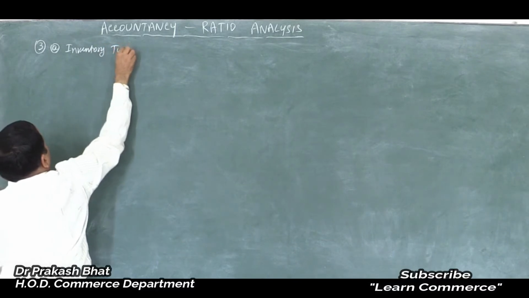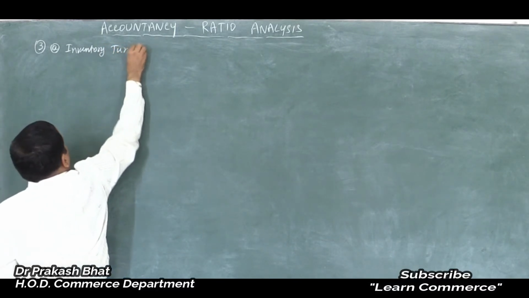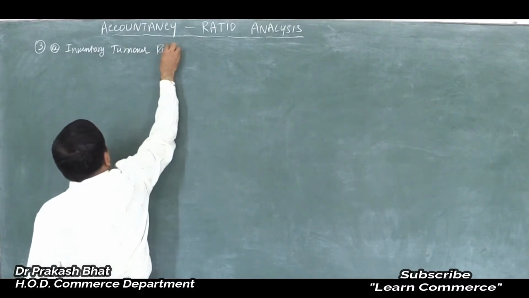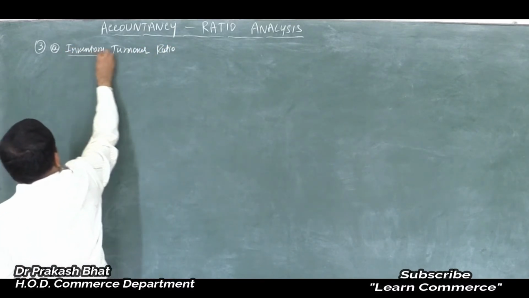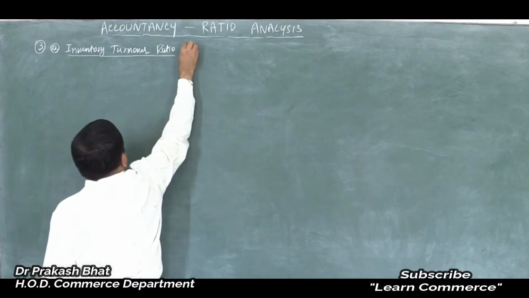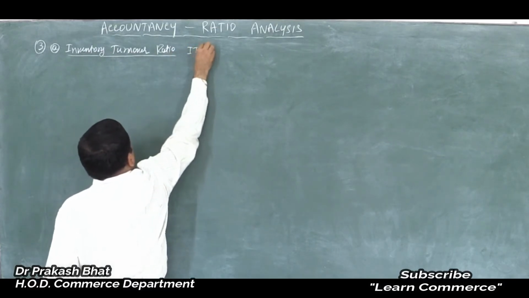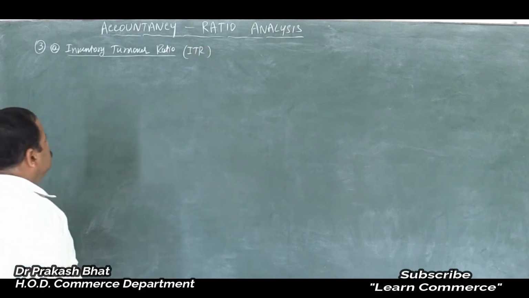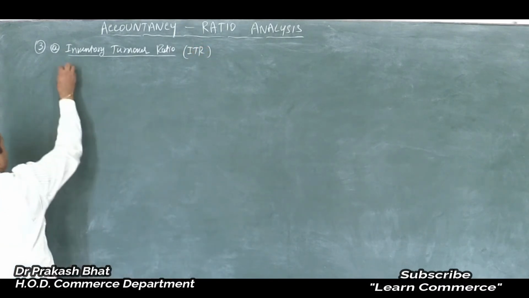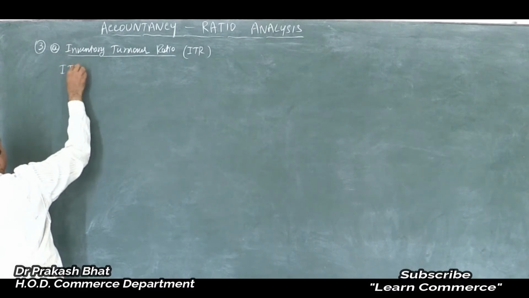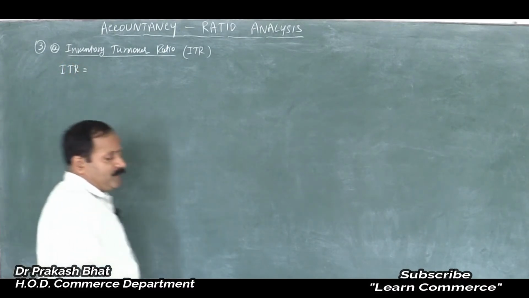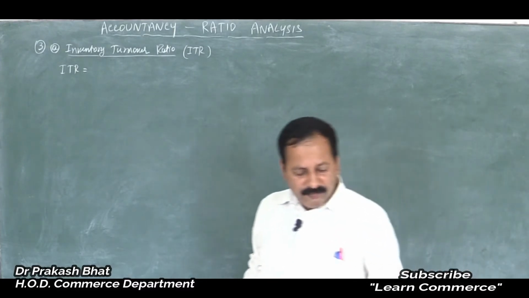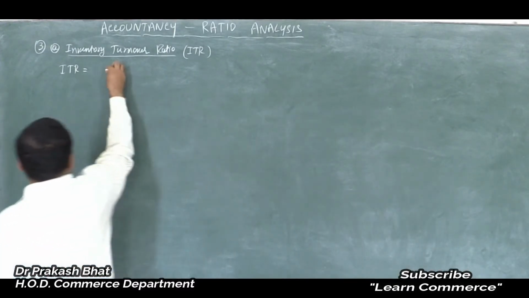That is ITR, right? Yes. Right, formula of inventory turnover ratio is equal to cost of revenue from operation divided by average inventory. Am I correct? Cost of revenue from operation divided by average inventory.